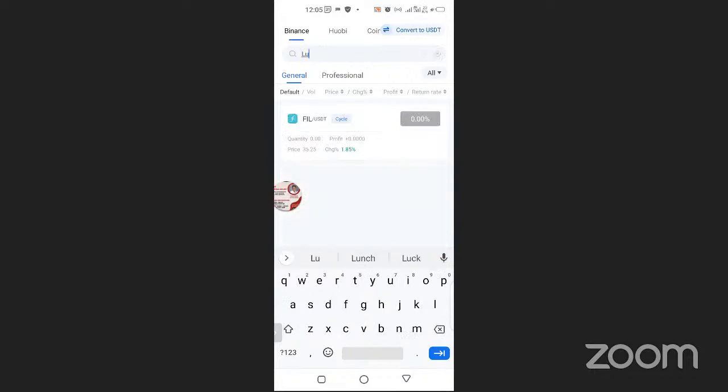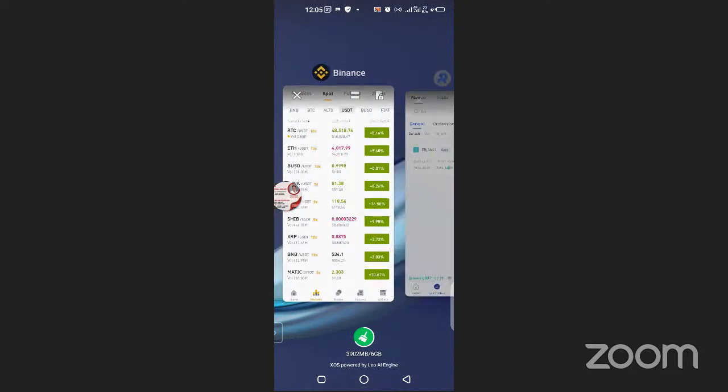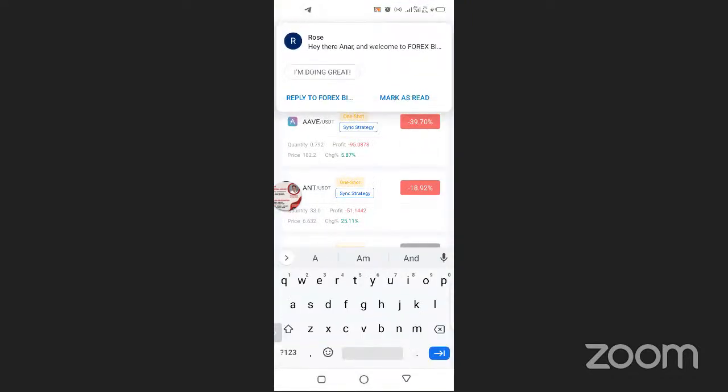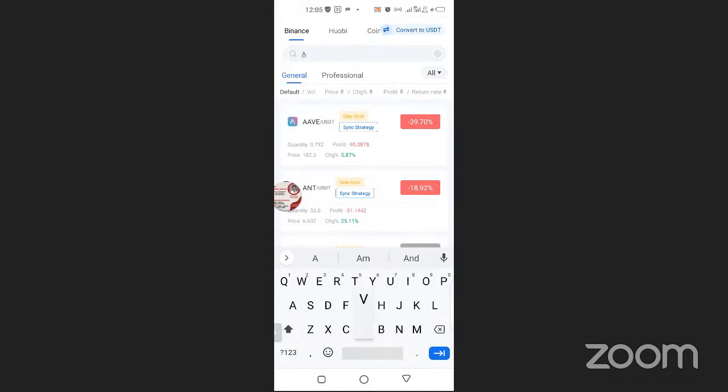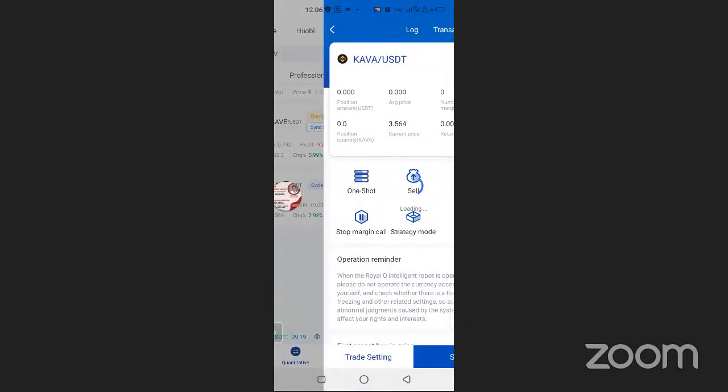Let me try. It's not here. Let me look for another coin. Let me look for AVAX. Okay, let me take Canva.